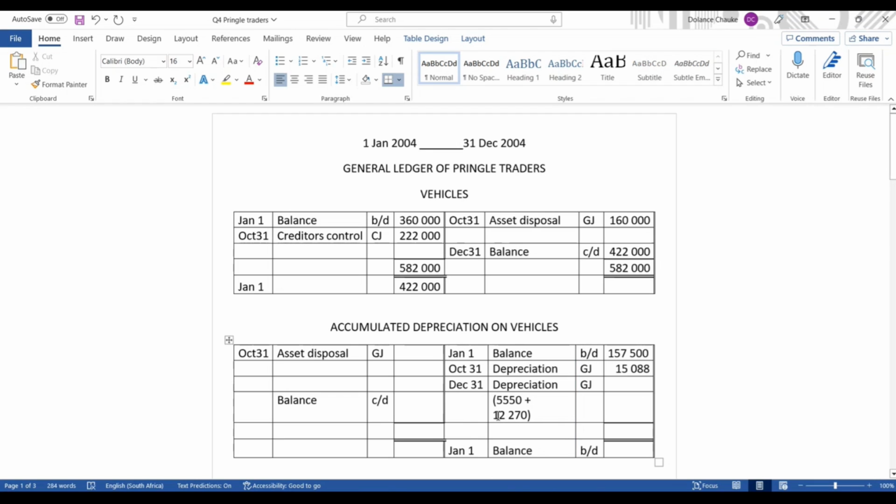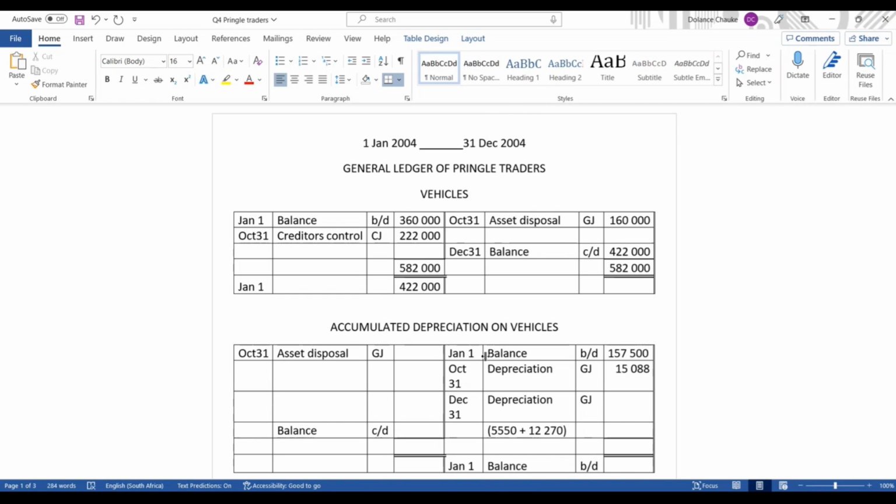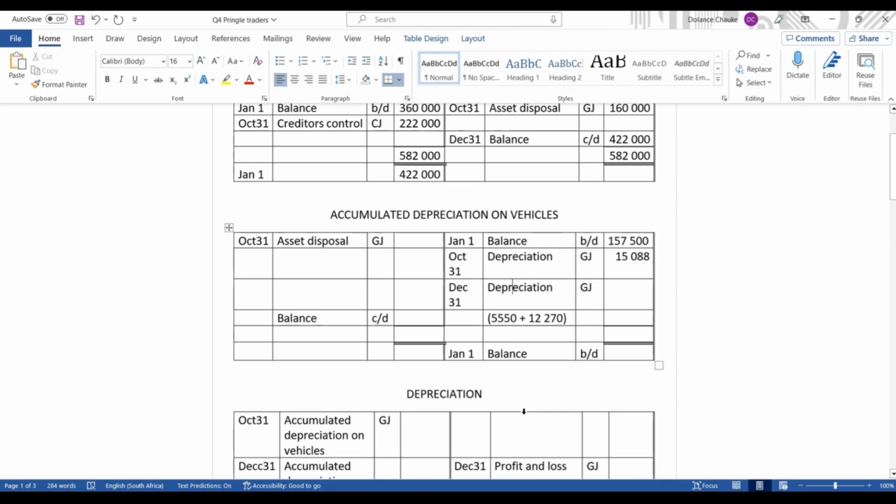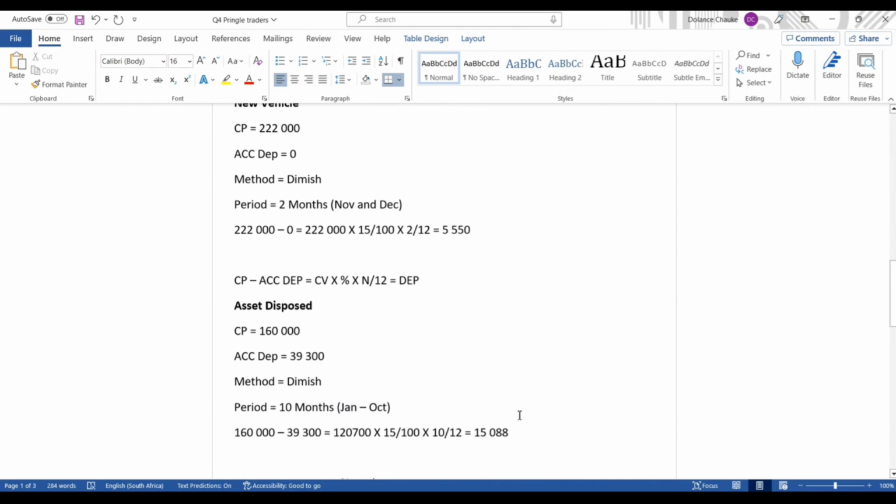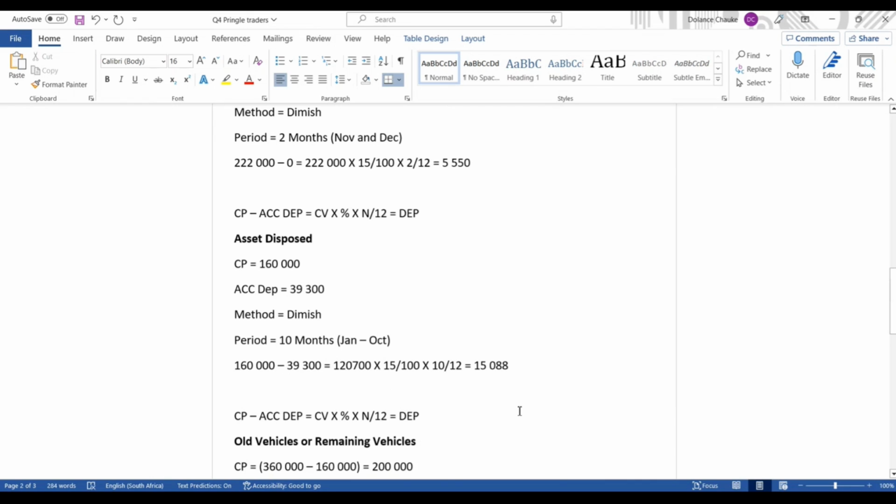Dolans, can you go back to the 15088? Can you please just explain? The 15088, why are we taking it? Why are we recording it in the accumulated depreciation account?